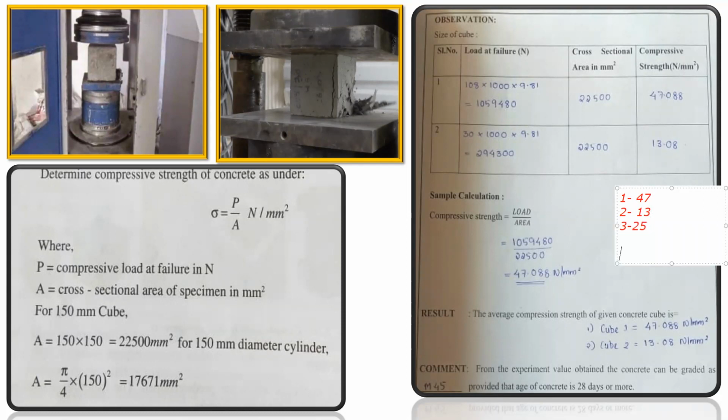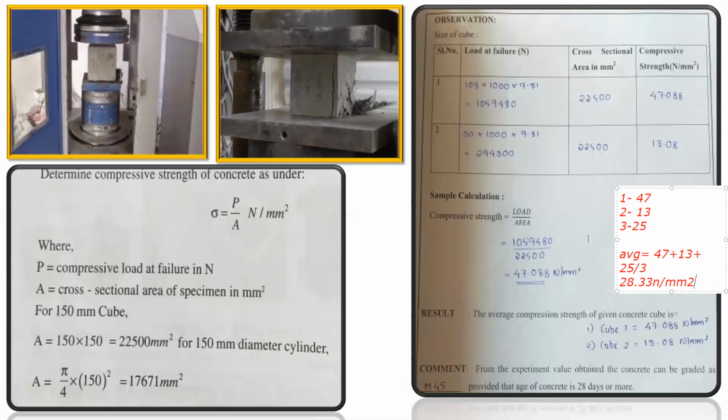The average will be 47 plus 13 plus 25. Since we are taking three cubes, we'll divide it by 3. If I do it manually, 47 plus 13 plus 25 divided by 3, I'm getting 28.33. So 28.33 Newton per mm square is the strength of my concrete.